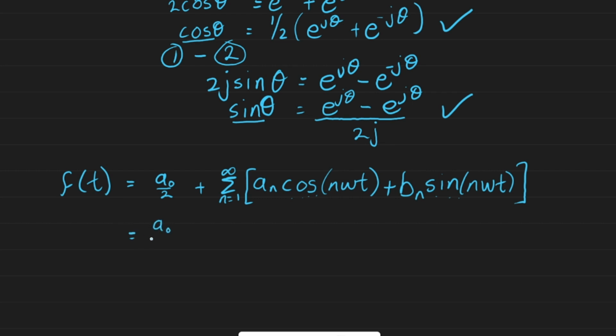So we have a naught over 2 plus the sum from 1 to infinity. We have an, and now we substitute in cos.